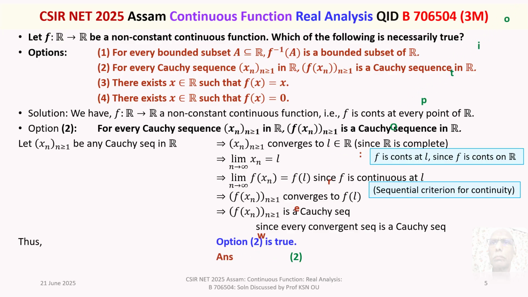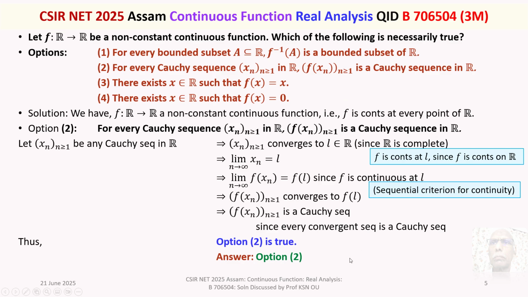That is the detailed discussion of the solution of this problem. Our students will ask, suppose this question is asked in part C, then we have to either prove or disprove the remaining ones, options 1, 3, 4. In this case, they are all false.